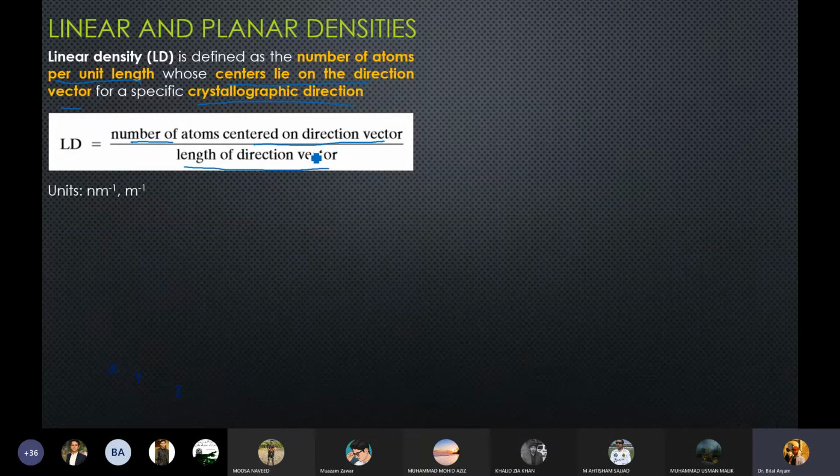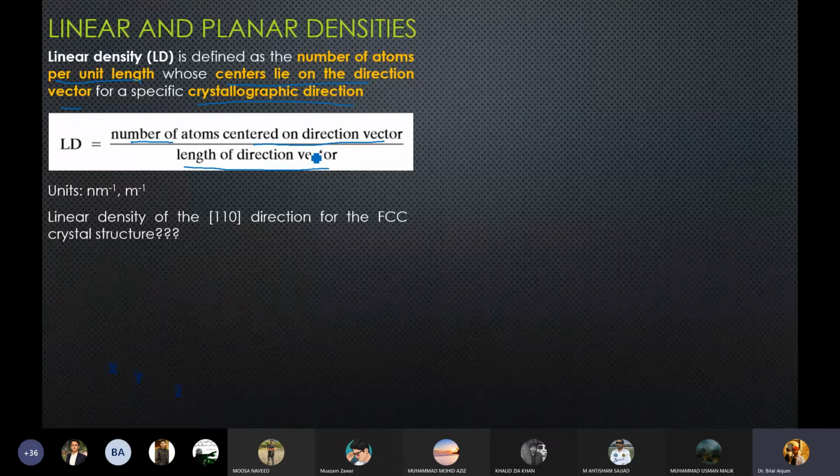The units are atoms per nanometer or atoms per meter, depending upon the units of length you are dealing in. So let's say we have to find the linear density, number of atoms per unit length, along the direction 110 for FCC crystal structure.